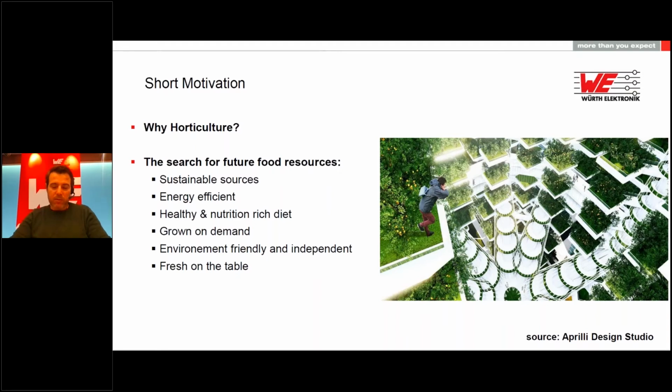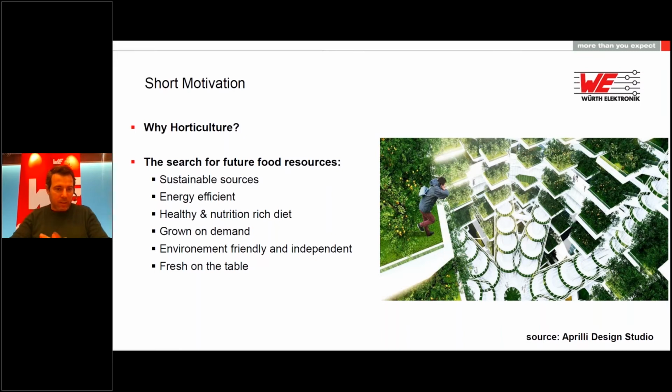Of course, the second part is to have a healthier and more nutrition-rich diet, so we can produce better food with better qualities, and also produce the food whenever we want and how we want, and then be efficient and not throw away a lot of food.